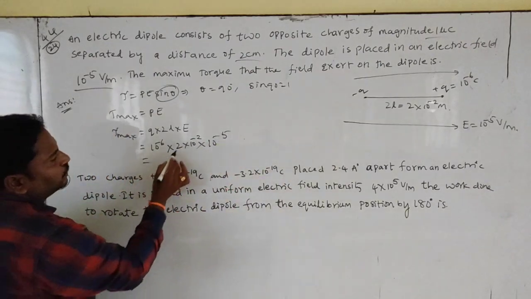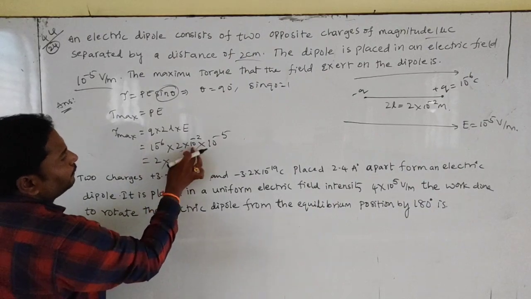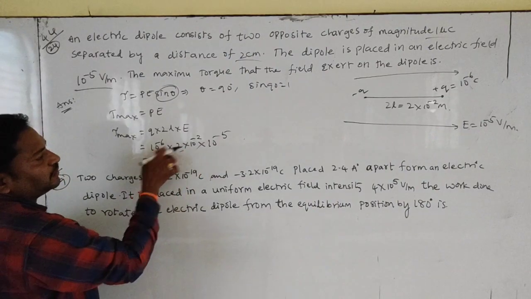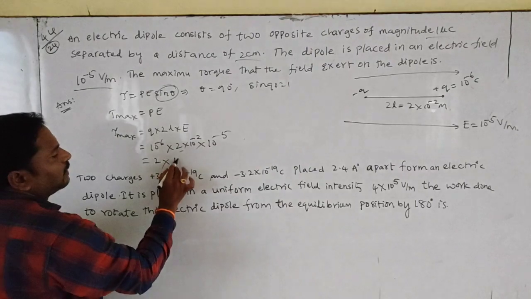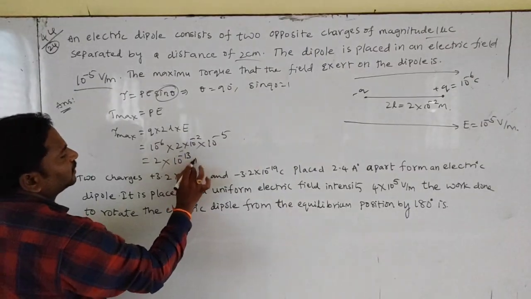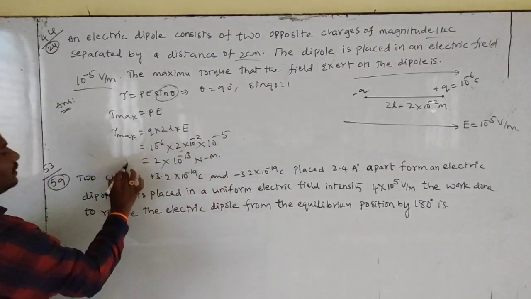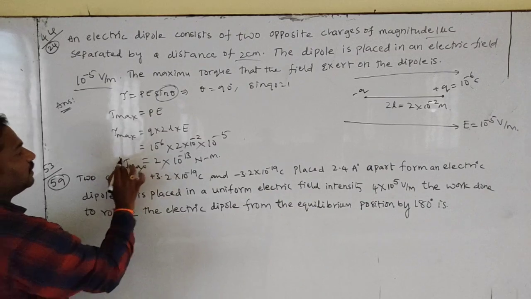So this equals 2 into 10 power minus 13, because minus 8 minus 5 is minus 13, in newton meter. This is the maximum torque.